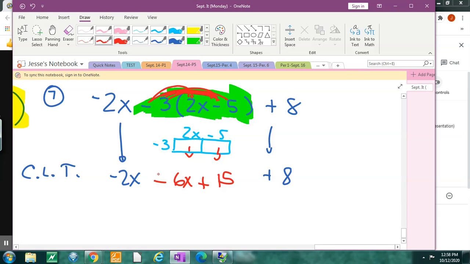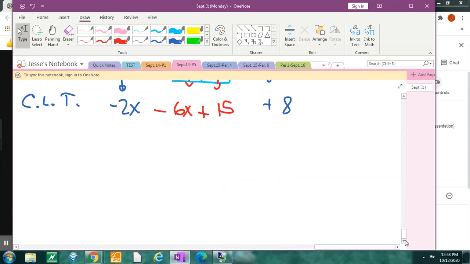So now what am I going to combine? Anybody? Which one? The x's. Very good. This is where you combine them.